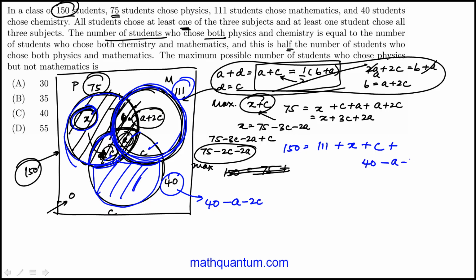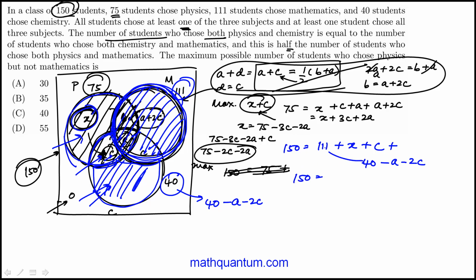Yeah, this part can be confusing for some students. You could add individual regions, but then to find this region here, you have to subtract, so it's more algebra. But if you instead call this entire region 111, then all you have to do is figure out these remaining three regions. Eventually you'll get the same answer.